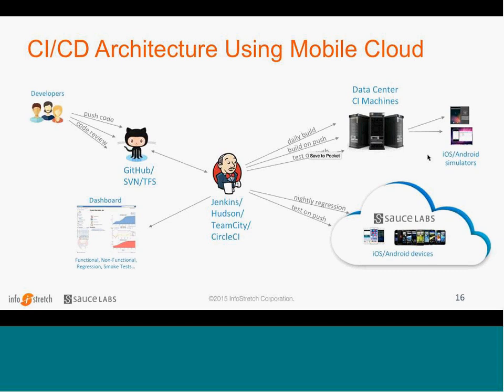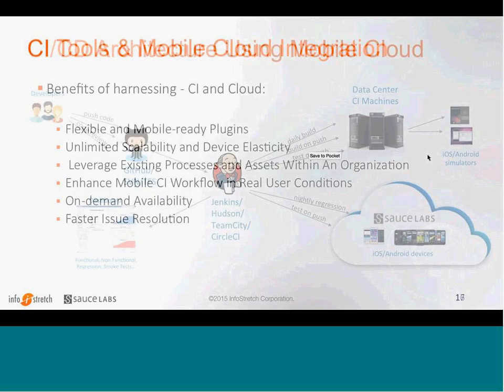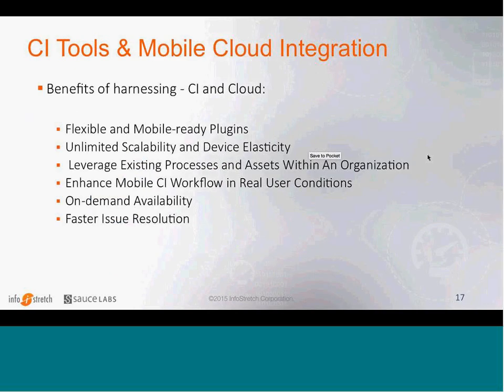This can give you a dashboard for functional tests and regression tests. This is the basic architecture of a mobile cloud. Why do we want to use, harnessing CI and cloud, right?